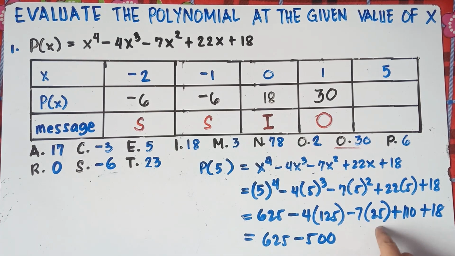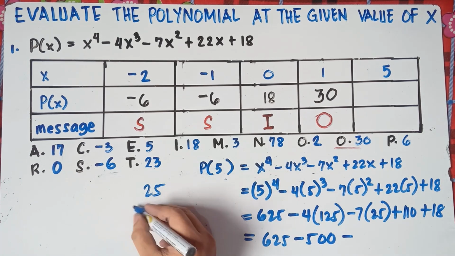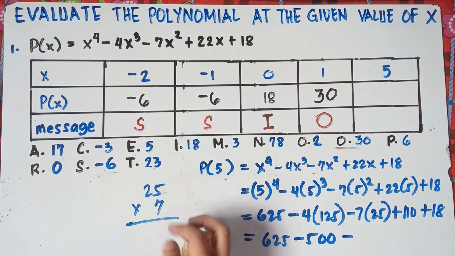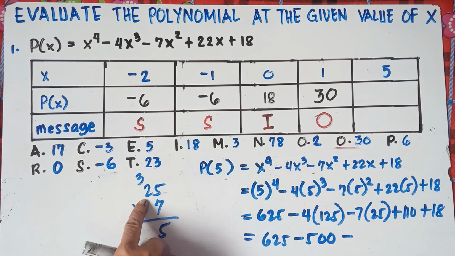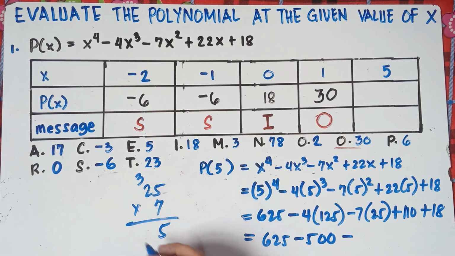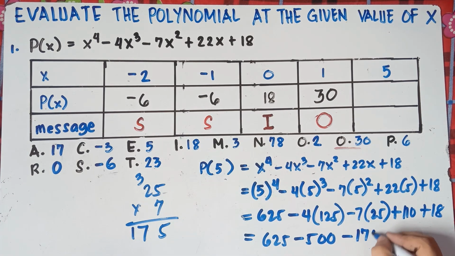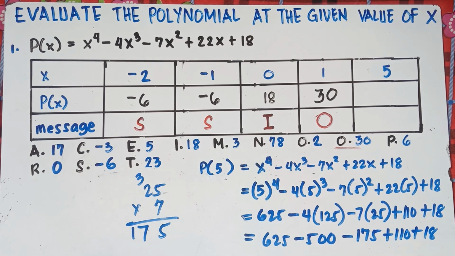Once again, negative times positive, your answer will be negative. You multiply this one, class. 25 times 7. 7 times 5 is 35. 5 carry 3. 7 times 2 is 14. Plus 3, that will be 17. 175. Negative 175 plus 110 plus 18.